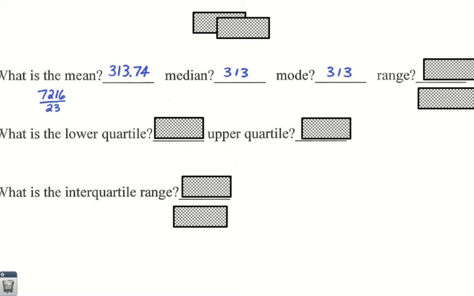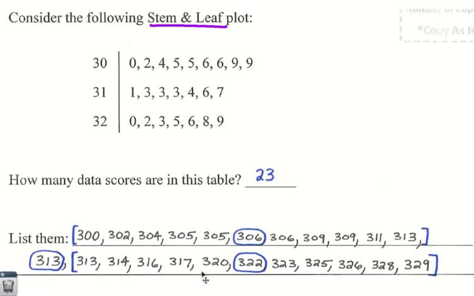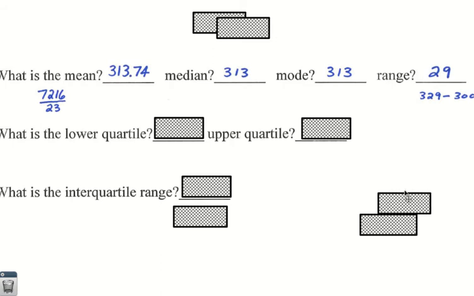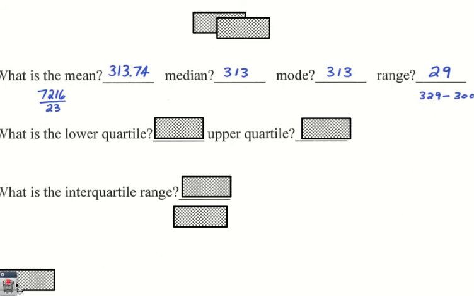Now the range, do you remember what the range is all about? The range is all about the span of the data. It's the difference between the lowest number and the highest. So it's just some simple subtraction. 329 minus 300, that's real easy subtraction. And so that gets you a range of 29.